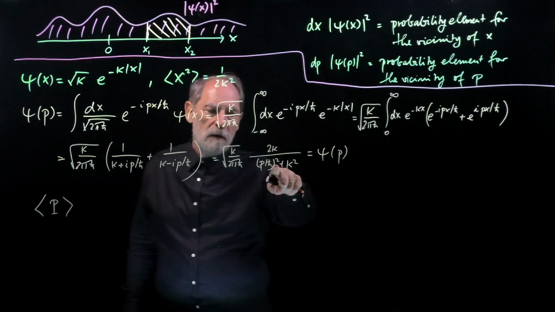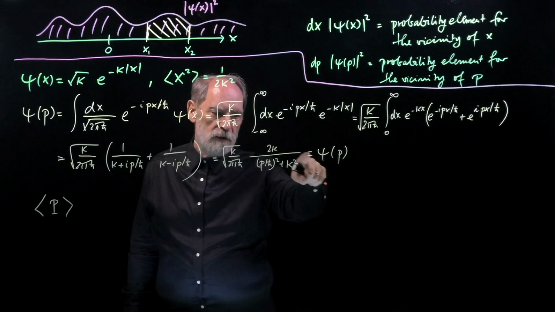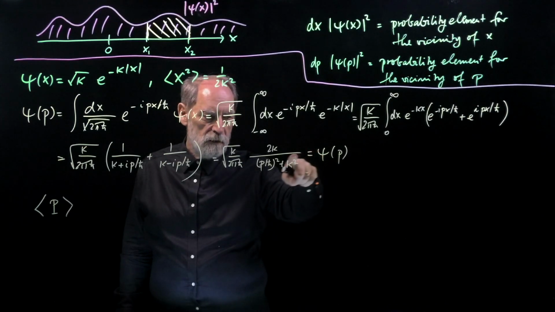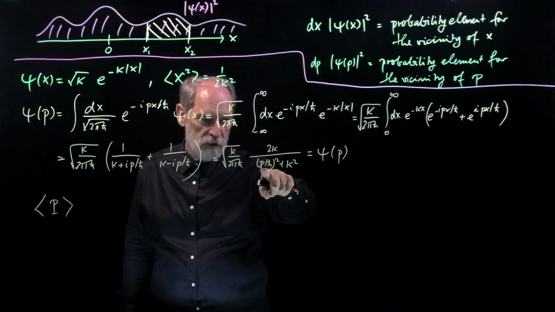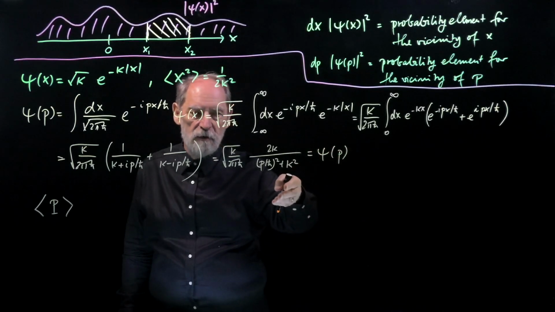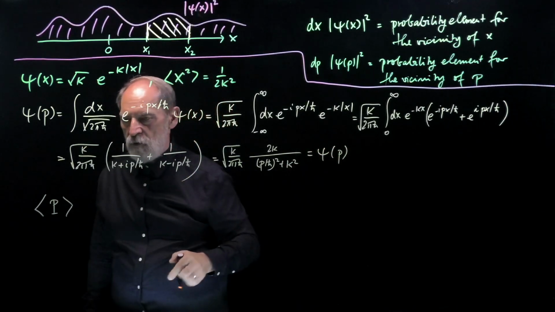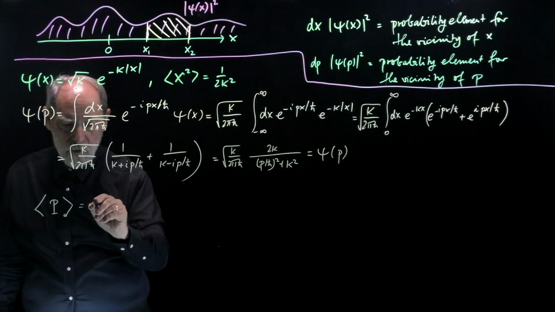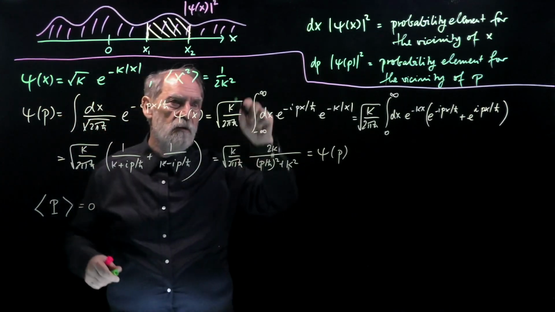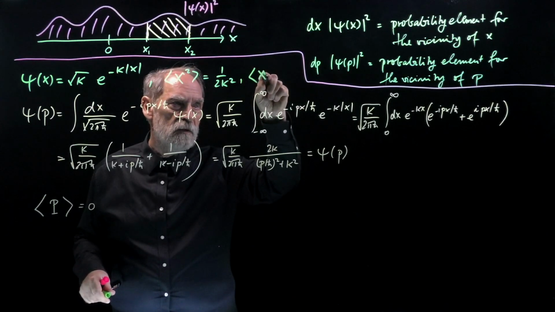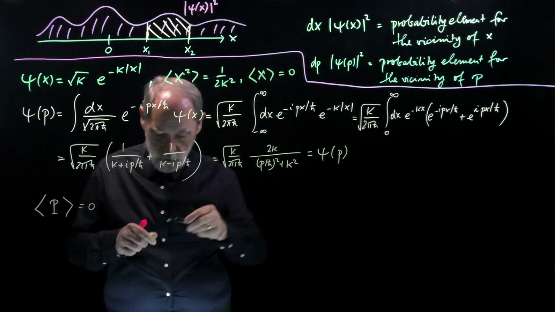Without a calculation, we notice that the wave function is an even function in p. If we square it, it is still an even function of p. So the expectation value of p will just be 0, for the same symmetry reasons that the expectation value of x was earlier found to be 0.